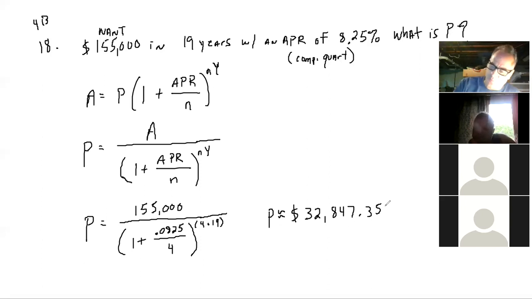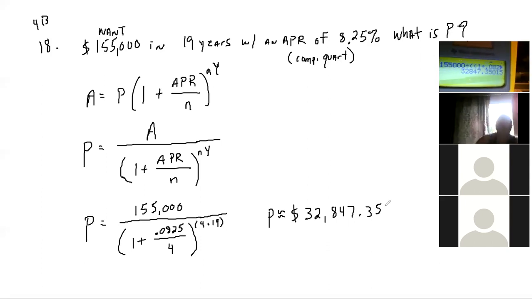This one's a little trickier on the calculator when you enter it in, and that's the point I wanted to make here. I'm going to write it down on the whiteboard. You can see I got the number 32,847, but I had to be careful about grouping symbols to make sure the machine understood exactly how to do the calculation all in one step.